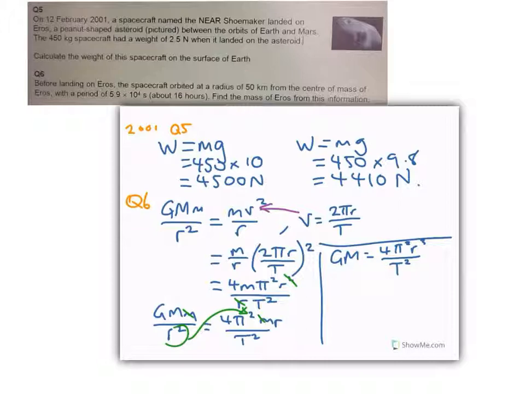And then we'll divide both sides by the g, which gives us m is equal to 4 pi over g t squared. Okay, now you've got that equation down the bottom there. That'll be a handy equation for you to hang on to. I'm just going to fix up that 2. So that should be 4 pi squared r cubed over g t squared.